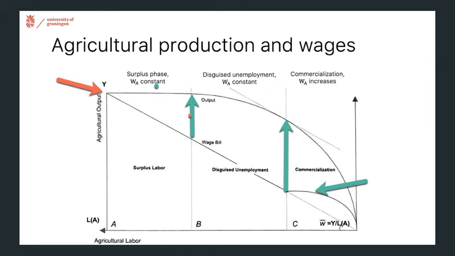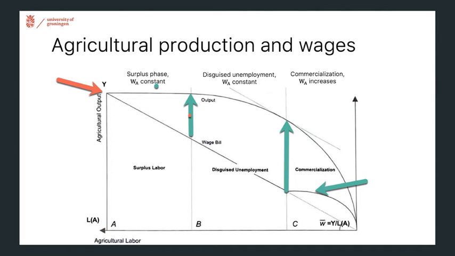So another way of thinking about this in terms of the production function: even though the total surplus increases from this level to that level, the average surplus, the surplus per worker, starts to decrease.